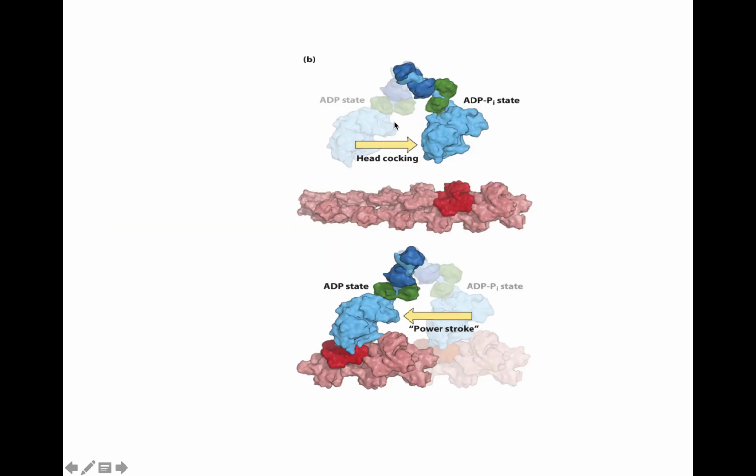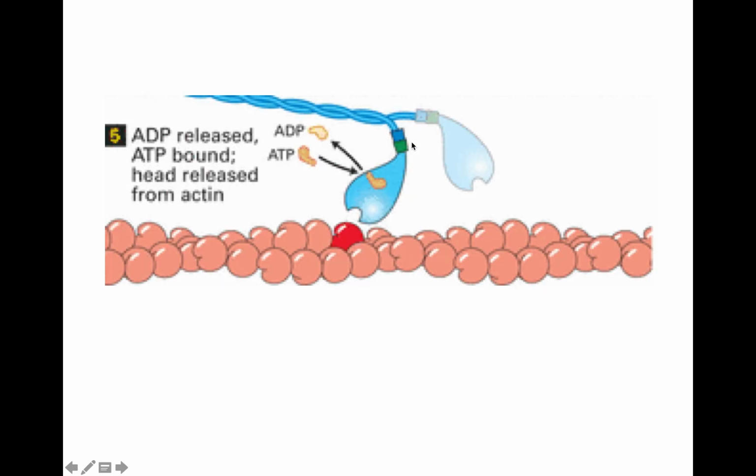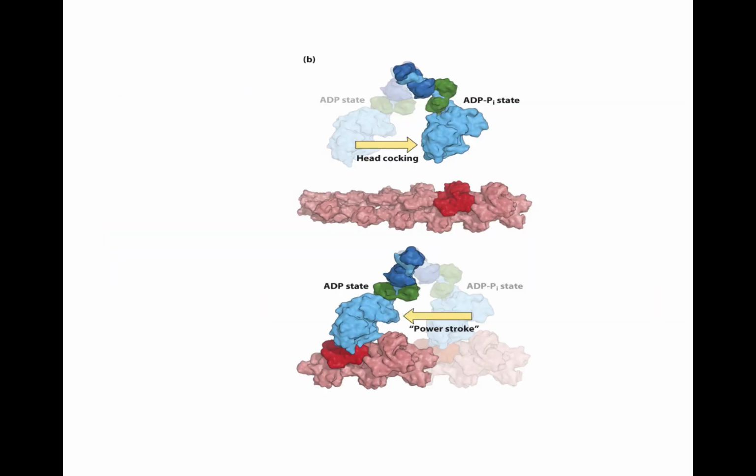Some more fancy diagrams, other than these cartoons here, in that you actually get the shape of these molecules. So here is just a myosin head with its lever arm there, and when the head gets cocked, in the sense this is after ATP has been bound and it got released from the actin fiber.